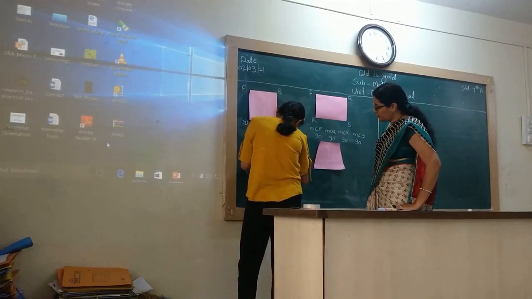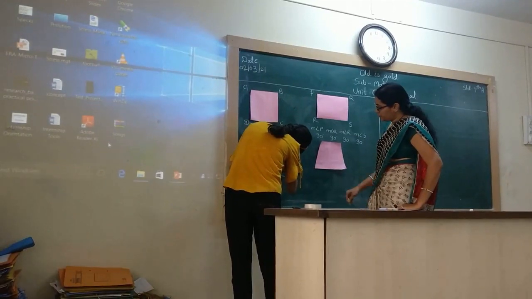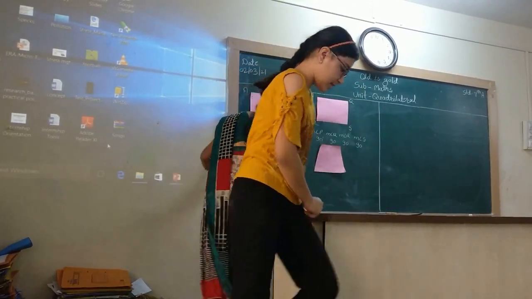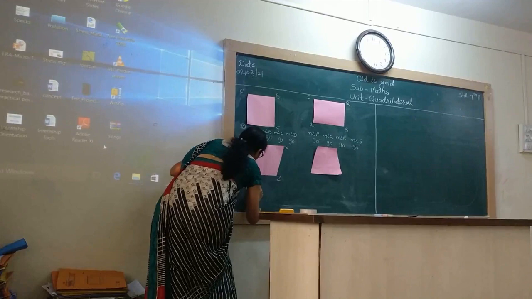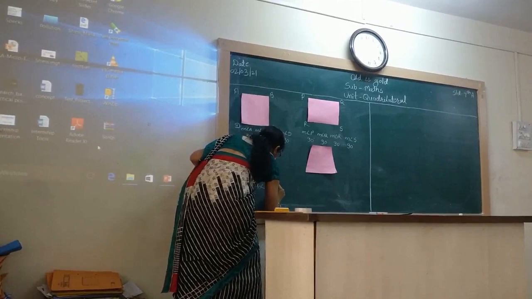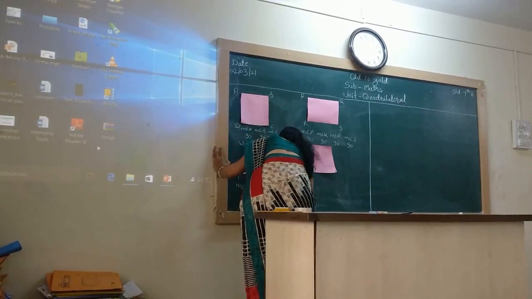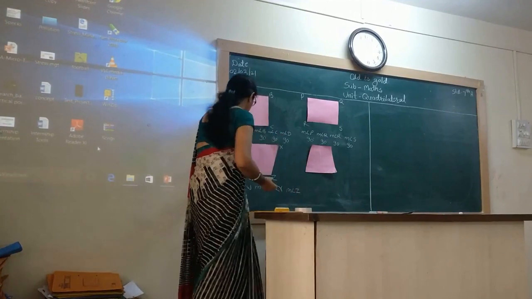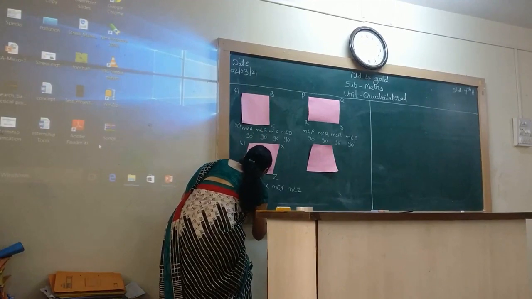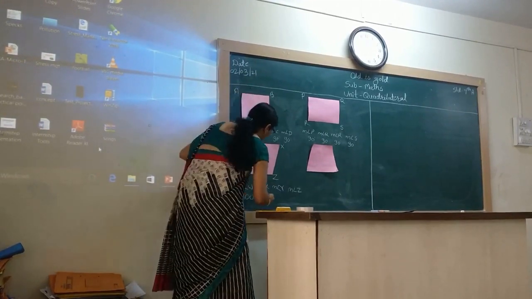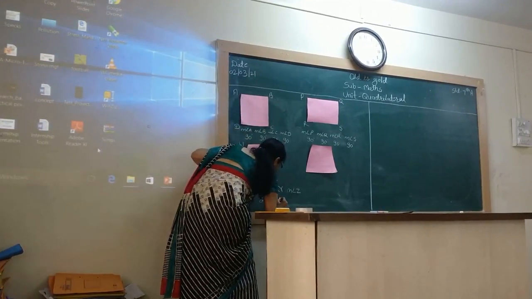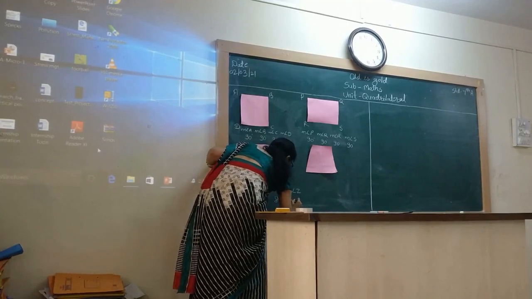This is 100. Yes. Here measure of angle W, then measure of angle X, measure of angle Y, and measure of angle Z. Measure of angle W is 100 degrees. Then X 80 degrees. Then Y 80 degrees. And Z is 100 degrees.